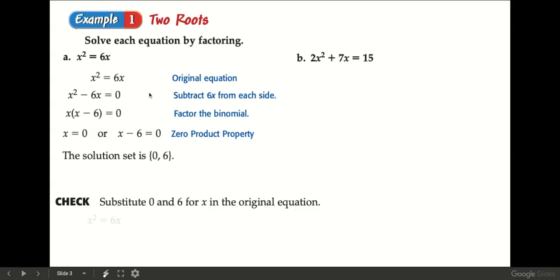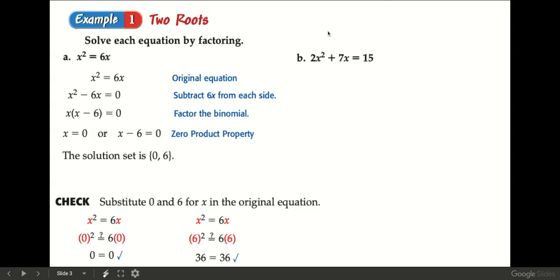If I substitute 0 in, 0 squared is 0 and 6 times 0 is 0, so 0 equals 0. If I substitute 6 in for x, 6 squared is 36, and 6 times 6 is also 36. So that also works. Those are my two solutions, 0 and 6.